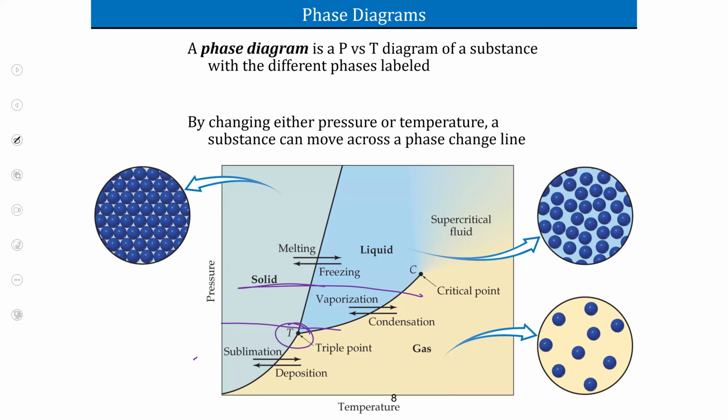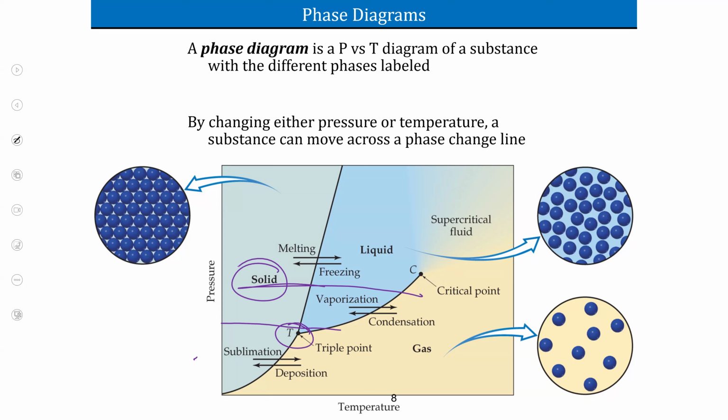So what's the big takeaway here before we take our break? These phase diagrams always have the same general shape. It's always pressure on the Y, temperature on the X. And at low temperature and high pressure, you're always going to see the solids.